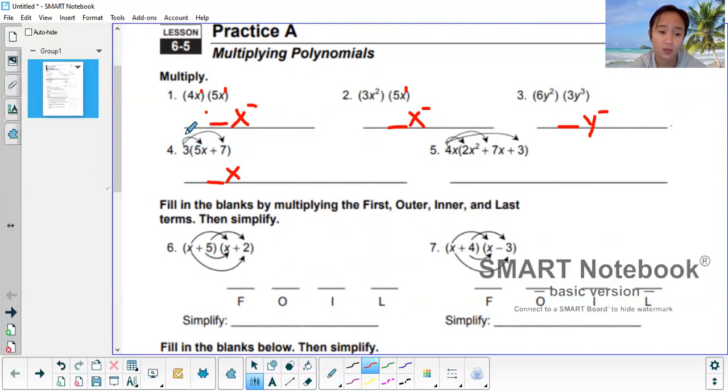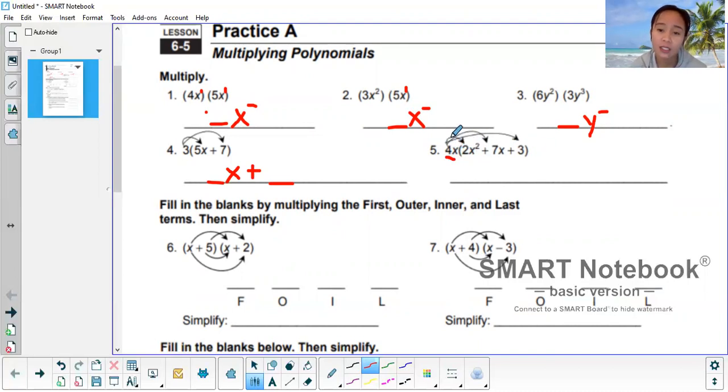So all you have to do is 3 times 5, you write it down, then you write that x. Next, 3 times 7 is what? If it's positive, you write plus, then whatever 3 times 7 is. And that's it.